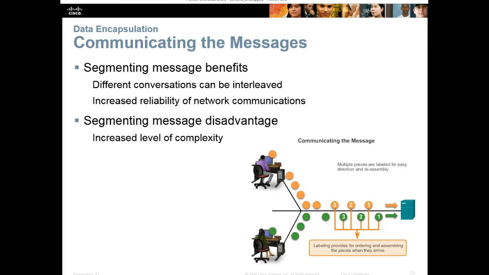In communicating the message, the computers break down the information, with any kind of message. Let's say you're sending a picture of a cat to your mother. That cat is going to get broken up into lots of different pieces. The photograph will be broken up into thousands of little pieces.